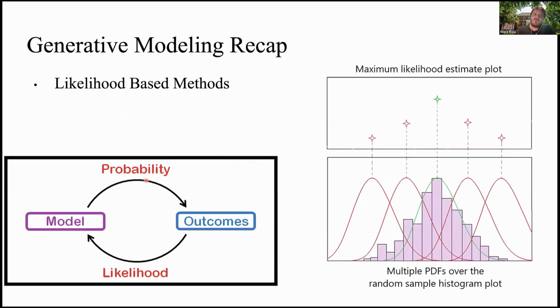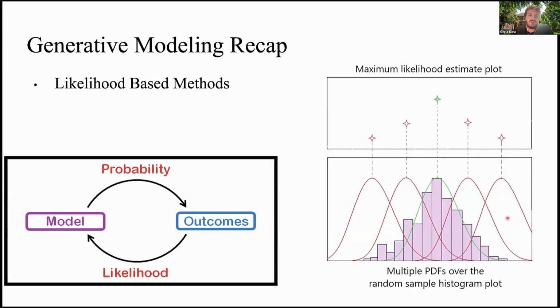The second type of models is likelihood-based methods. This is a little bit different from the GAN-based methods because in this case we formulate the data set in terms of mathematical distributions. What I mean by this is, in the image on the right side, we can say that this histogram is our data. We did some experiment and we obtained such results, and we would like to learn a model that fits this distribution well. Let's say we use a Gaussian distribution with unknown mean and unknown variance.